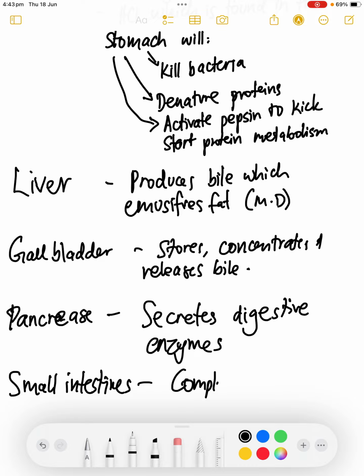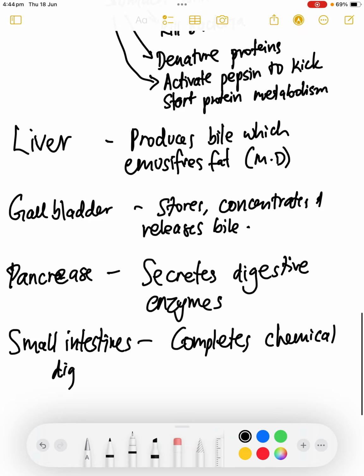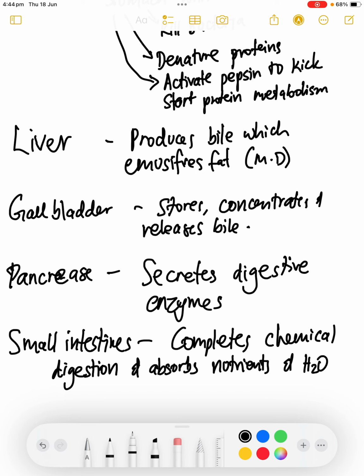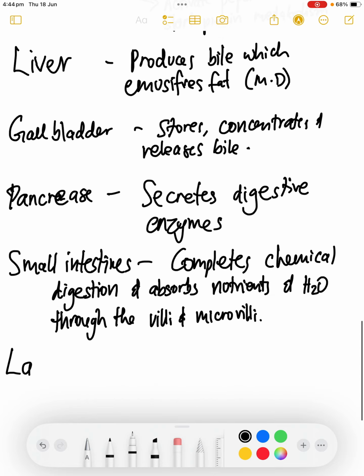So it completes chemical digestion, and absorbs nutrients and water, H2O.